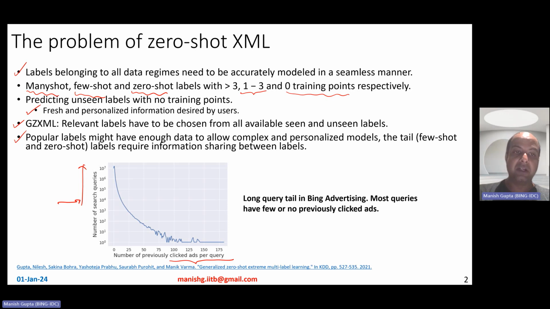So essentially, a whole bunch of queries here have no previously clicked ads. So if you're trying to take an ad and figure out the keywords or key phrases for that ad as labels, you have this zero shot or few shot problem where there are only very few training data points available or no data point at all, where you consider queries as labels.